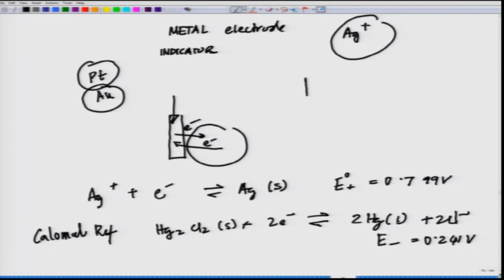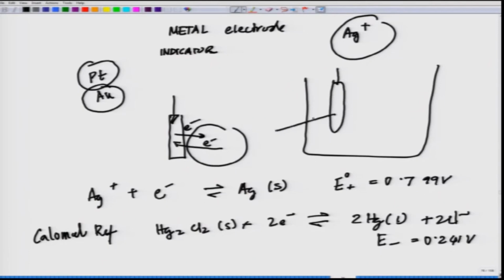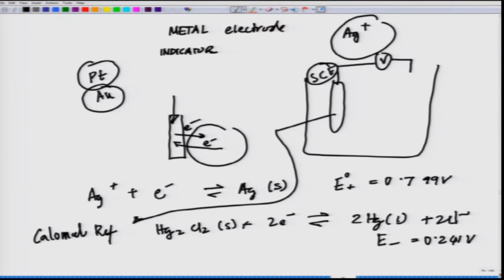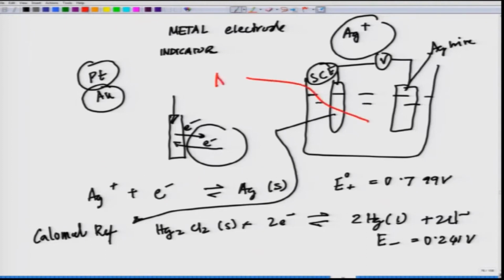If you have to picture it, it will be something like this. Here you have the reference electrode sitting there, a double junction saturated calomel electrode, SCE, which we have talked about. Here you have the voltmeter, you are measuring the voltage, and here you have the Ag wire, and the solution has the analyte, Ag plus aqueous.